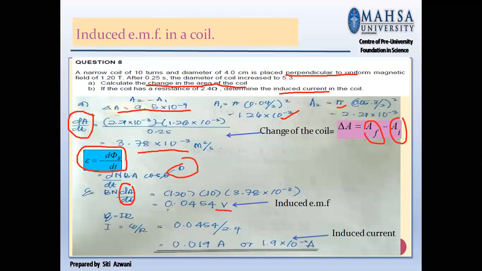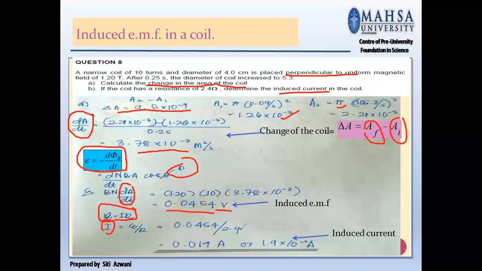0.0454. After that, by applying Ohm's law, V equal to IR, but now the value of your voltage is equal to the induced EMF, so you have E equal to IR, and then calculate the induced current, E divided by R. Here R is 2.4 ohm.